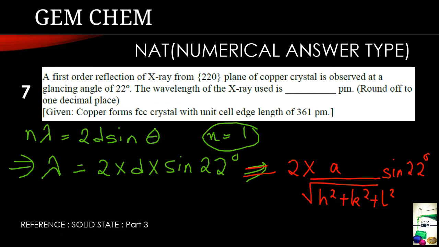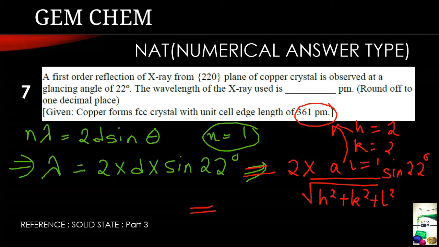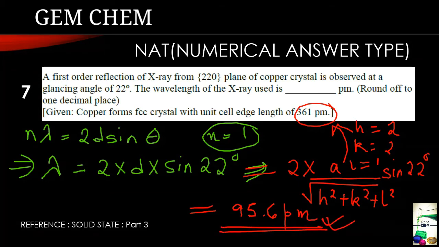Now we know the value of a to be here as given 361 picometer. So we just substitute the value here, and h is equals to 2, k is equals to 2 and l equals to 1. So ultimately the value of lambda comes to be as near about 95.6 picometer, and here already told that 1 decimal place, so this answer is perfect.